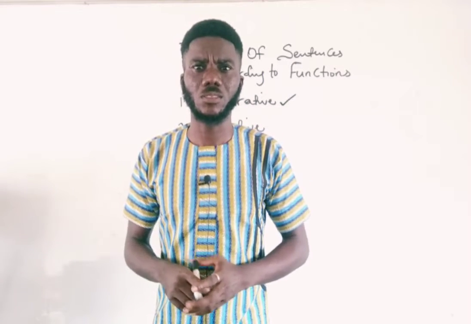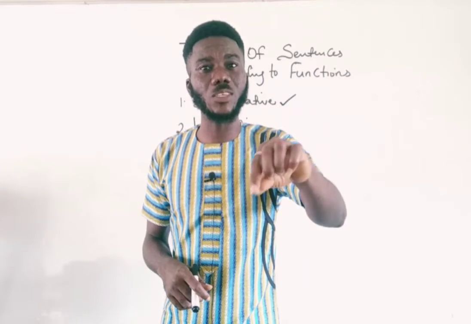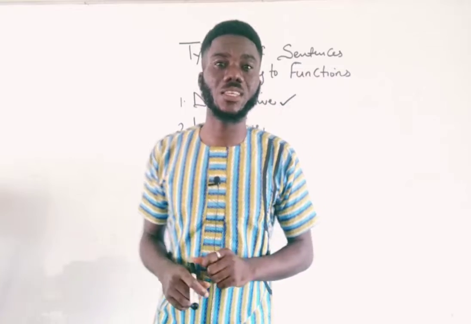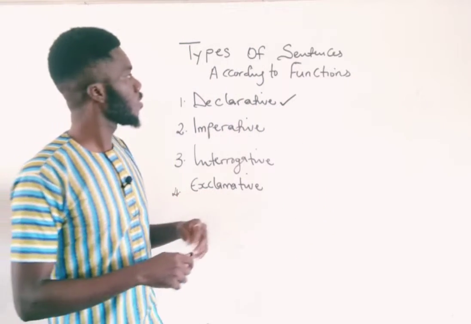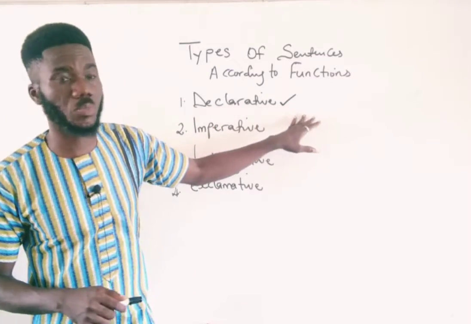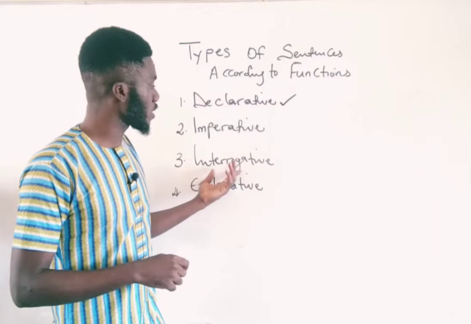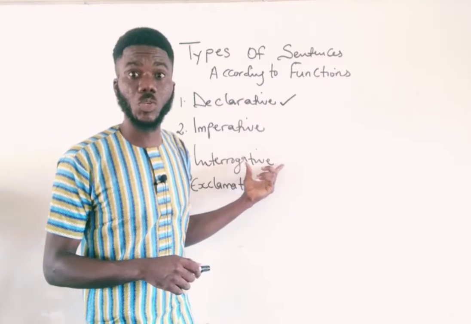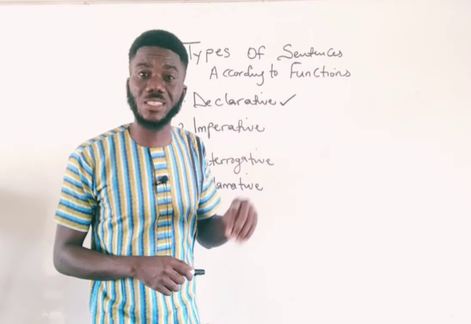"Oh my God, will you drop that!" Whenever you see any of these ending with an exclamation mark, that sentence is in the exclamative form. For this one, it ends with a full stop. The same thing with this one, it ends with a full stop. But when you have a sentence like this, it should end with a question mark. And when you have one like this, it should end with an exclamation mark.